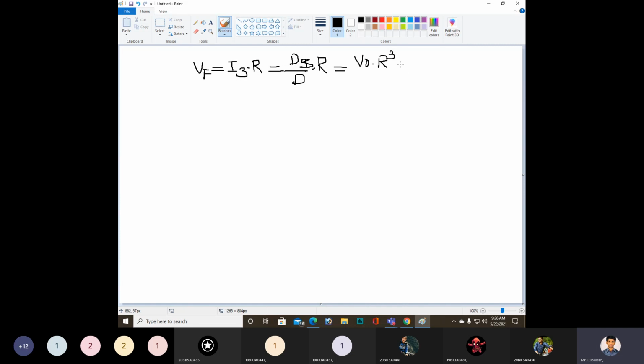We need to convert that, which means S cube C cube comes from the denominator to the upper side: S cube C cube divided by 1 plus 5SRC plus 6 S square C square R square plus S cube R cube C cube.